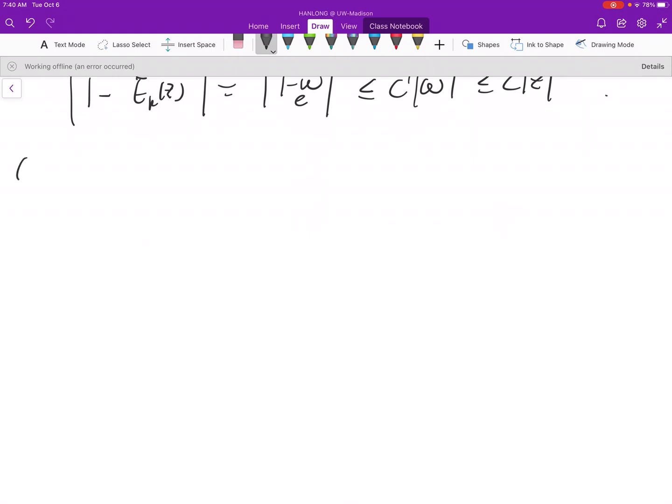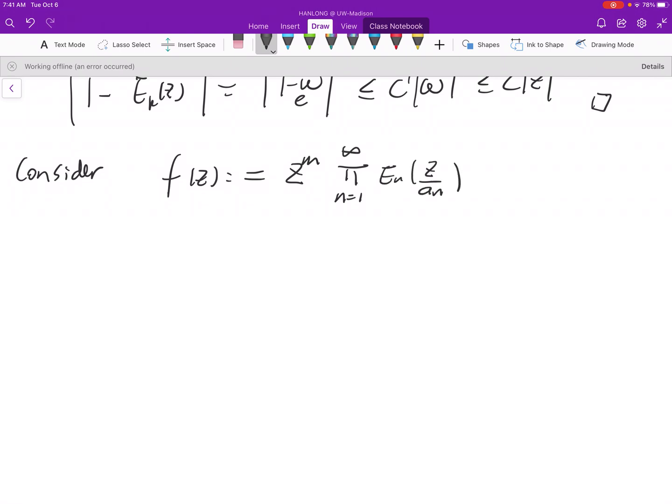Okay, now we are done with the lemma. Then you see we have a good control of each factor. So consider the holomorphic function defined by z to the m, where m corresponds to the vanishing order required for the holomorphic function at the origin, times the infinite product of En(z divided by an).